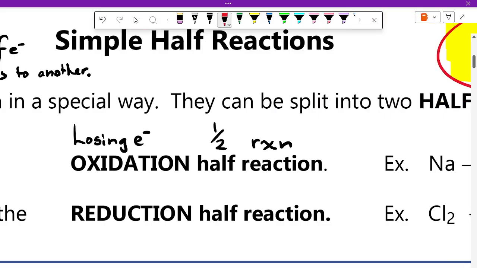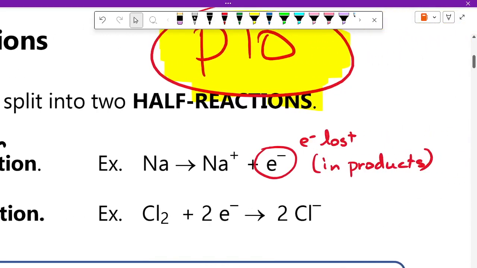Reduction is gaining electrons. And you can see that the electrons are gained. In other words, they are in the reactants and they go in.